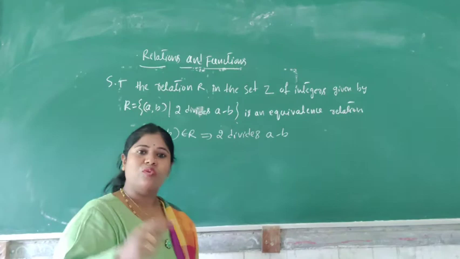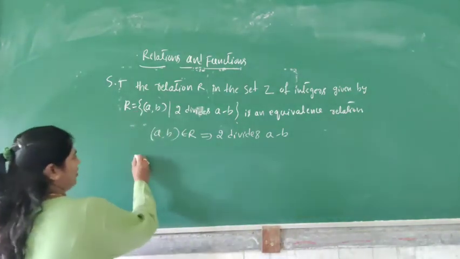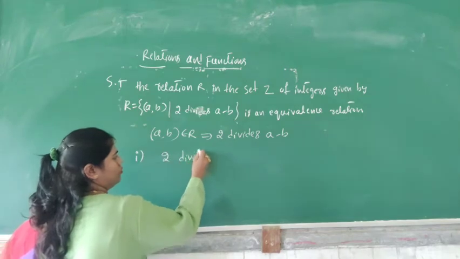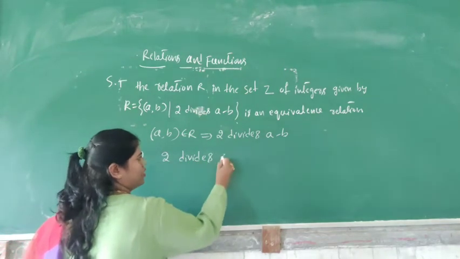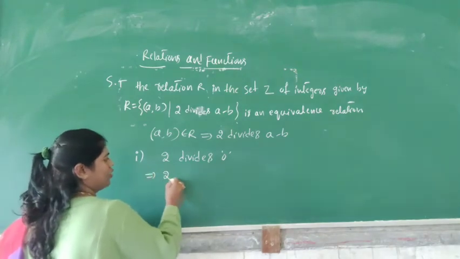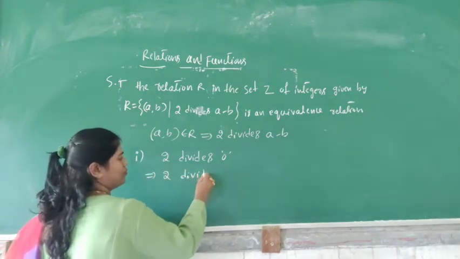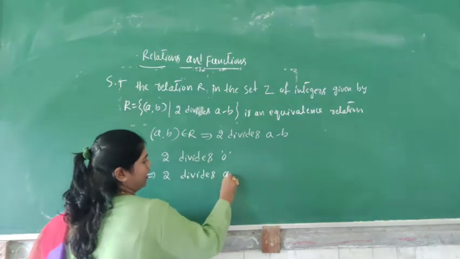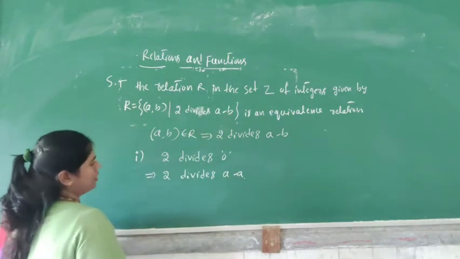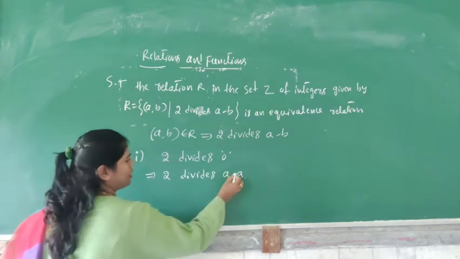Is it 2 divides 0? The first one, 2 divides 0. So what does it imply? 2 divides a minus a. So what is a minus a?